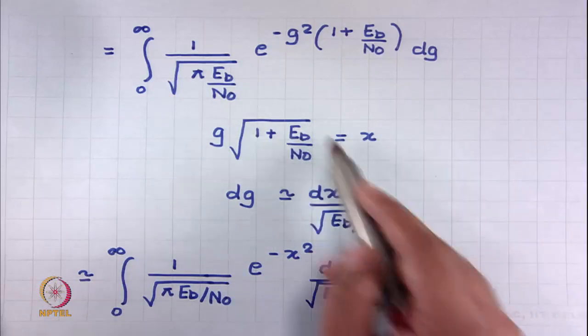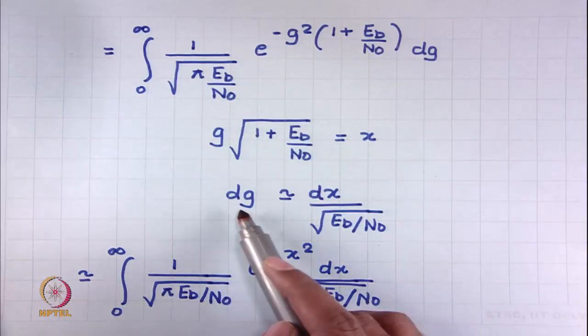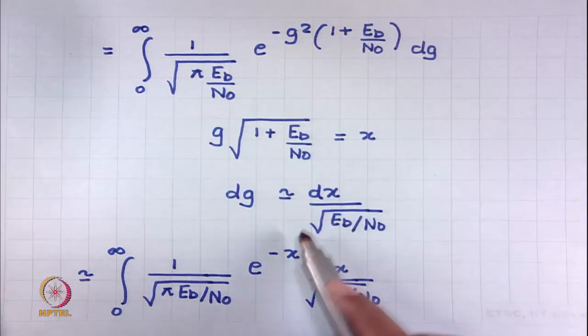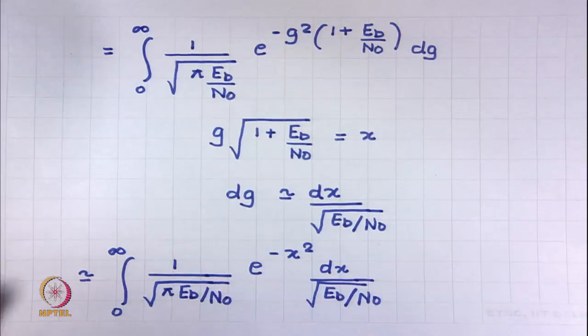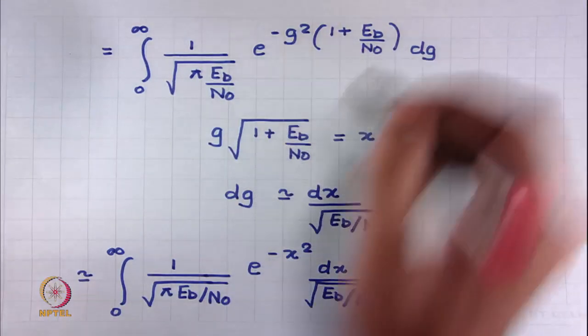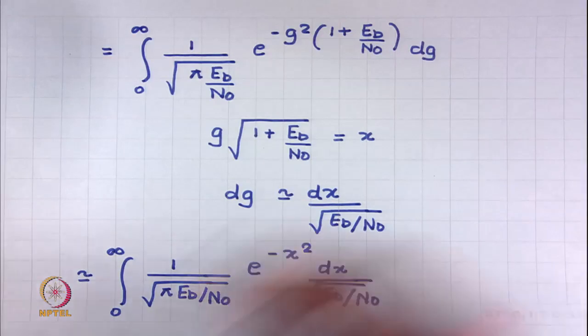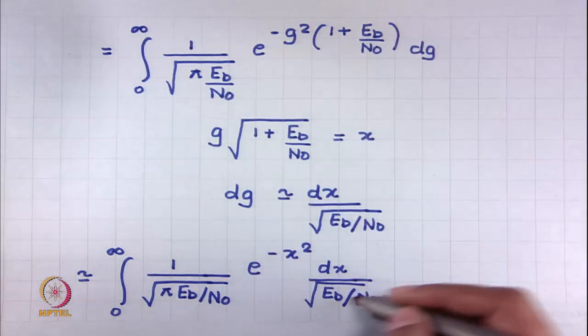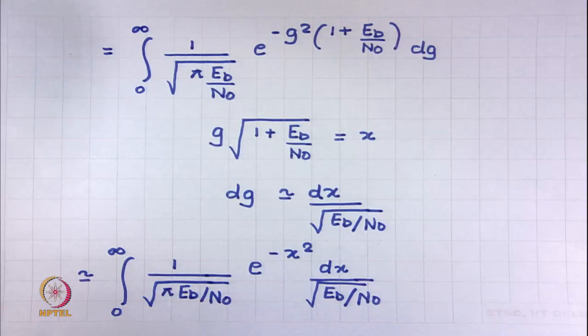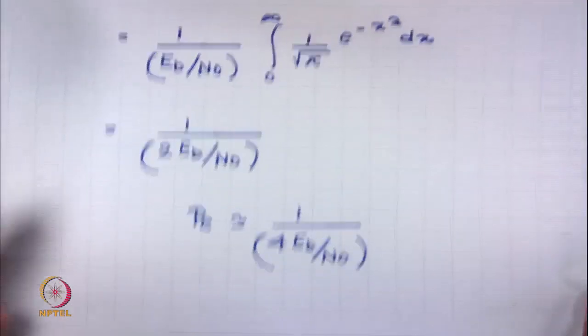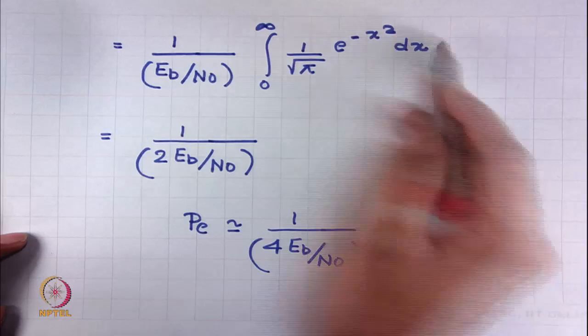If Eb by N0 is pretty large, I can approximate dg as simply dx by root of Eb by N0. I can replace this thing by e to the power minus x square, and replace dg by dx divided by root of Eb by N0, and I can combine this Eb by N0 with this Eb by N0 and solve this up to this expression.